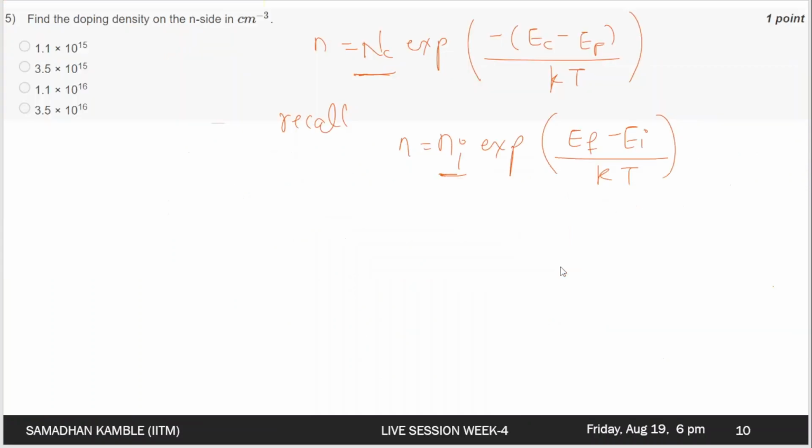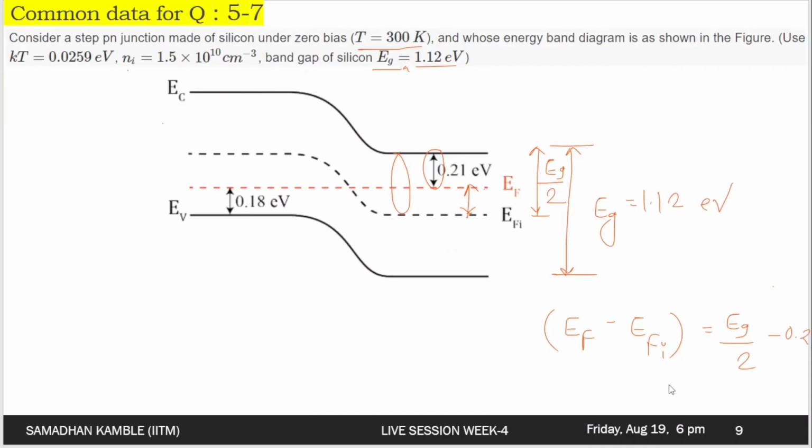So we can substitute this value here and get the doping density on the n side. The intrinsic concentration is given as 1.5 times 10 to the power 10. Then we apply the exponential of the value here. Eg is 1.12, so dividing by 2 we get 0.56, minus 0.21, that is 0.35 electron volt.